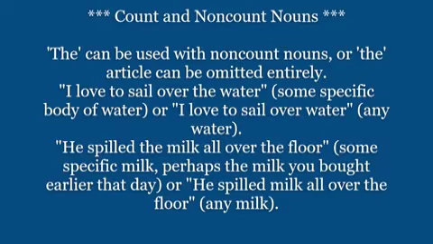Or in this sentence, I love to sail over water, any water. Next sentence, he spilled the milk all over the floor, some specific milk, perhaps the milk you bought earlier that day. Or he spilled milk all over the floor, here any milk.